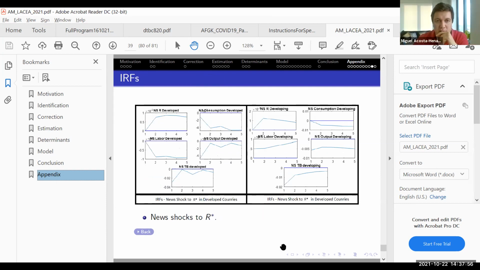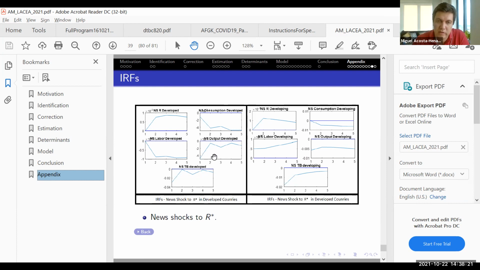You want to see the one from the model, Jorge? No, in the data, to build up the model. So I would expect the news shocks to have different transmission mechanisms to investment, consumption, and so on. Yeah, no, I agree. For instance, here are news shocks to the foreign interest rate. This is just the mean of the news shocks.